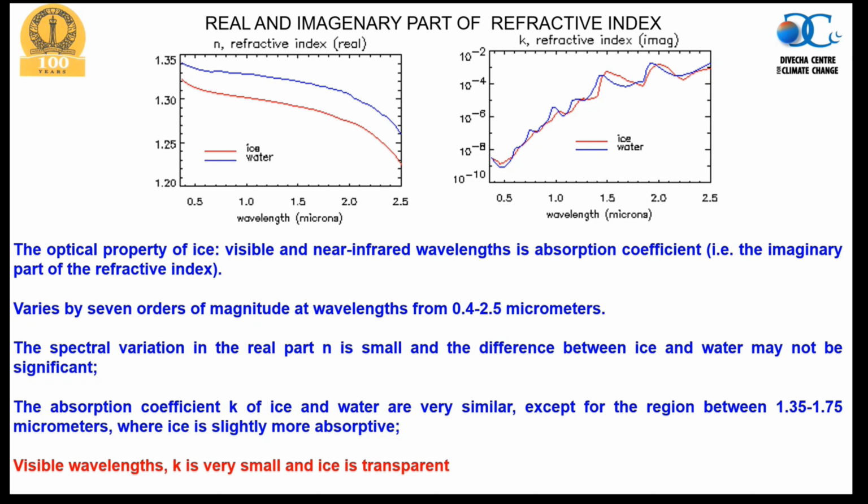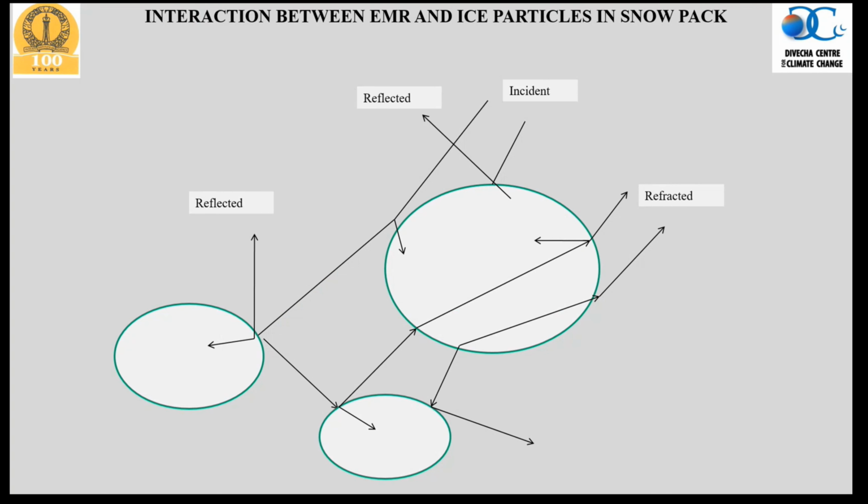That is an important question which we are going to address now, and that is because of the interaction between the electromagnetic radiation and ice crystals in a snowpack. What really happens is, as we have discussed, ice or snow is an aggregate of crystals, correct?